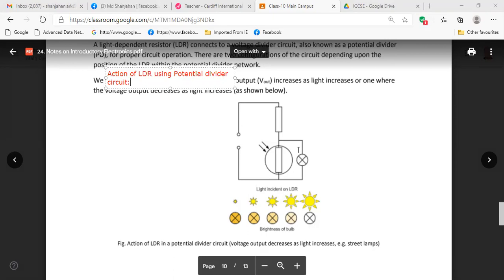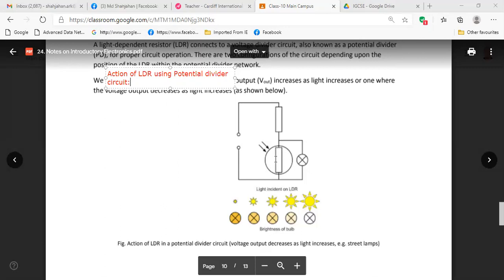If light is less, then resistance is more. If light is less and the resistance is more, then you will get more output in this circuit, isn't it?